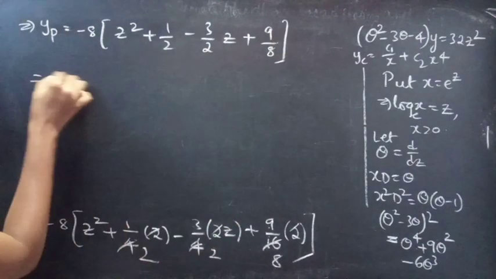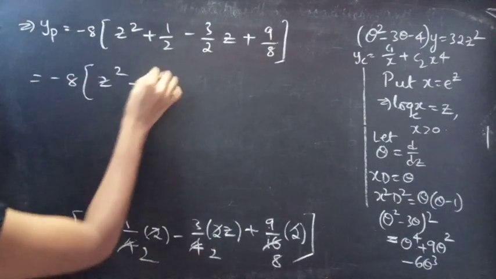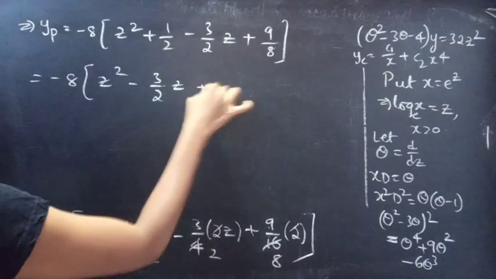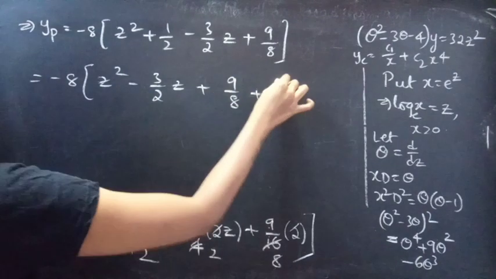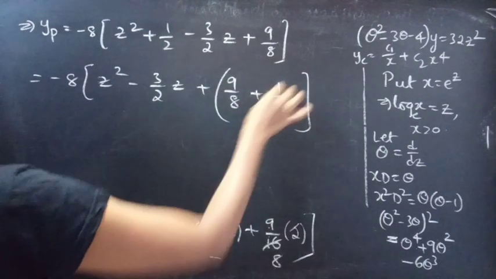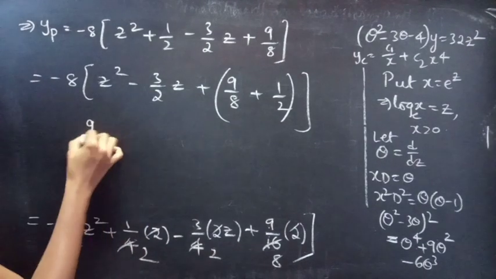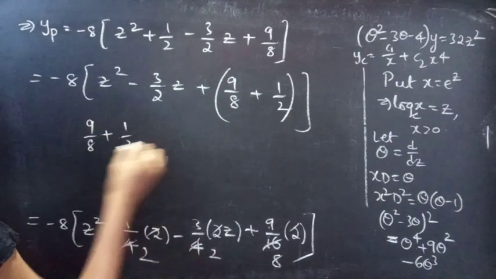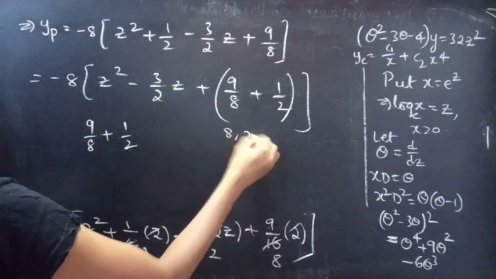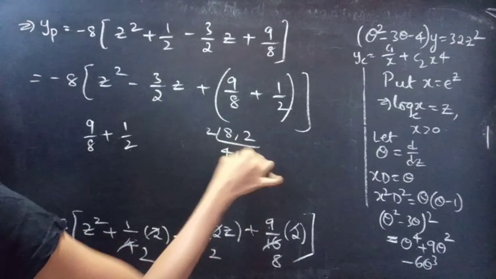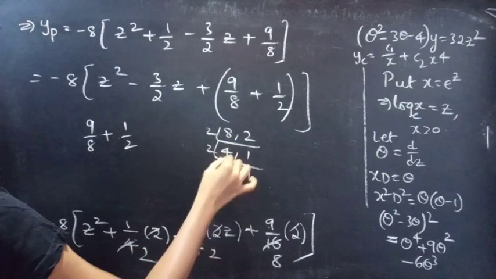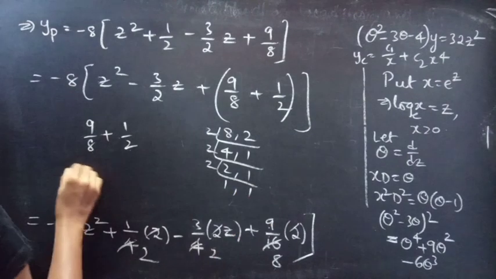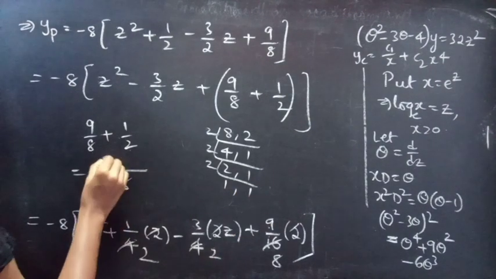which equals minus 8 into z square minus 3 by 2 z plus 9 by 8 plus 1 by 2. Simplify 9 by 8 plus 1 by 2. Take the LCM of 8 and 2. 8 is our LCM.